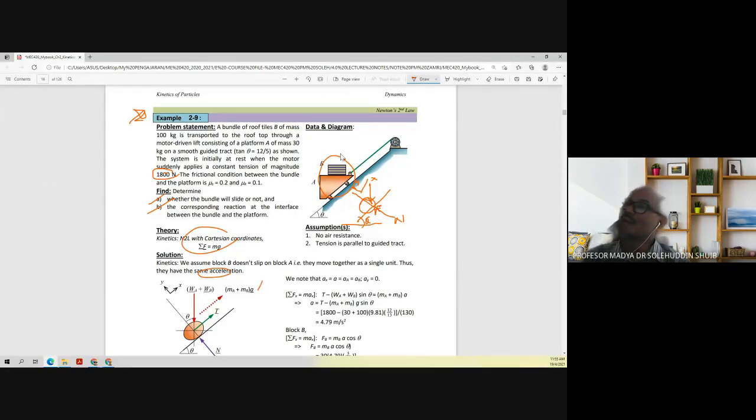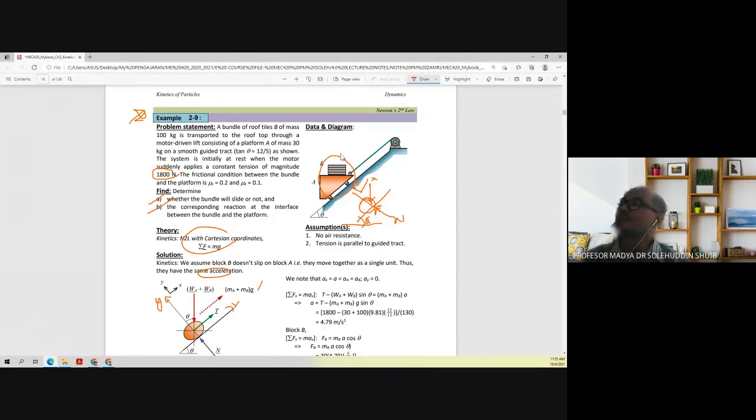So you have weight A, weight B, the normal force, and then you take the datum: X to the right is positive, and Y this way is positive.